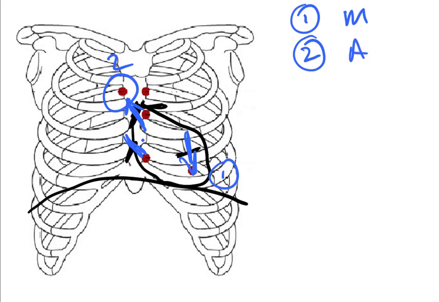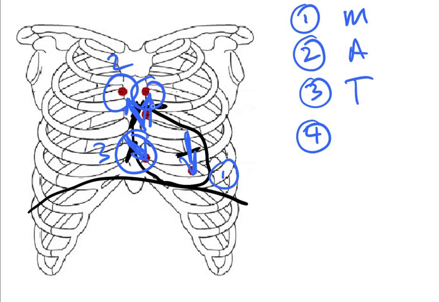We can see that the tricuspid valve will be where the jet strikes just below the sternum, and then the last of our listening spots will be here where we see the ejection flow of the pulmonary valve in the left second intercostal space. So anytime you get asked to do a murmur, you're going to have to listen in the right area for the aortic versus the mitral valve.